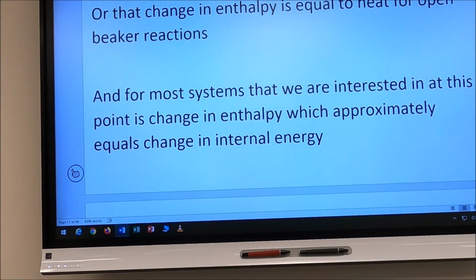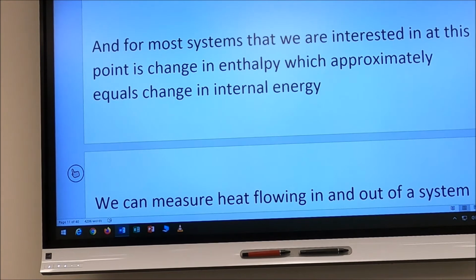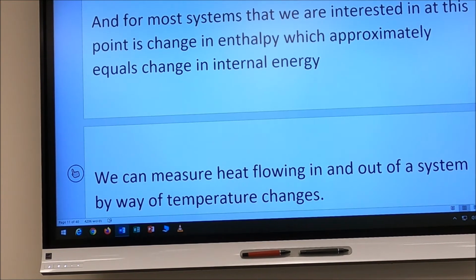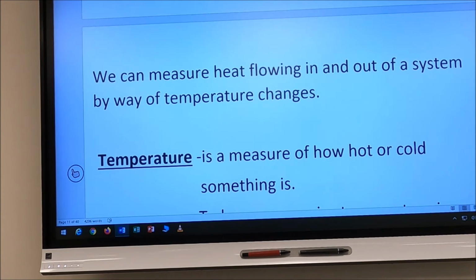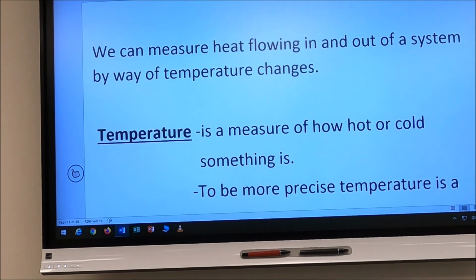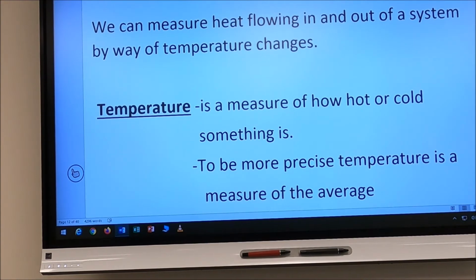Work will always be 0, and there is no change in volume. If delta V is 0, then change in energy of the system is equal to delta H of the system. So we have a sneaky way of getting change in energy of the system without having to worry too much. So we measure heat energy flowing in and out of the system by way of temperature changes. So let's talk temperature.